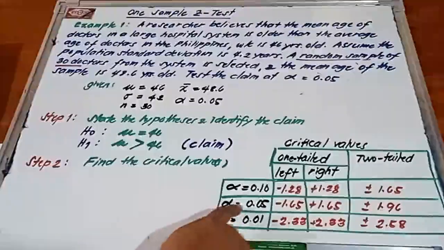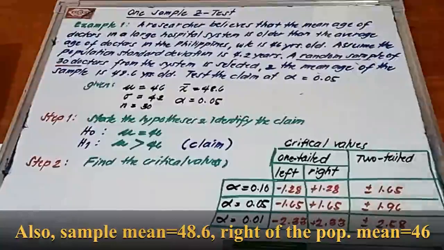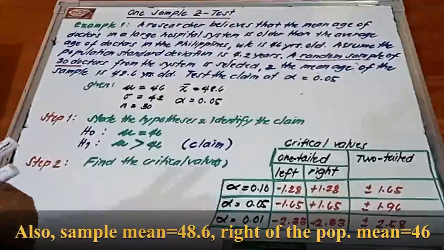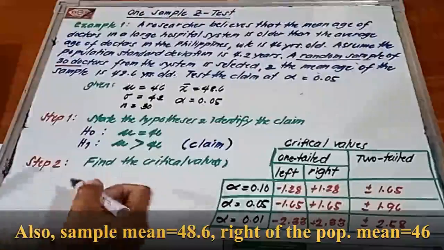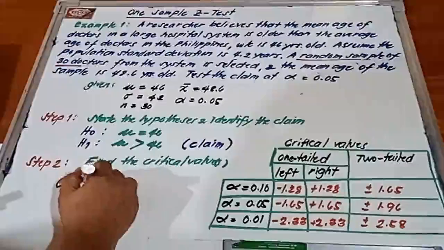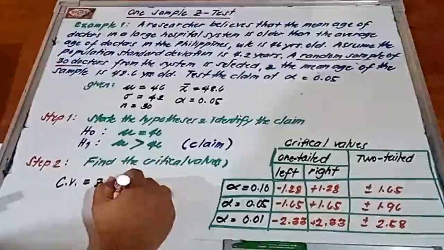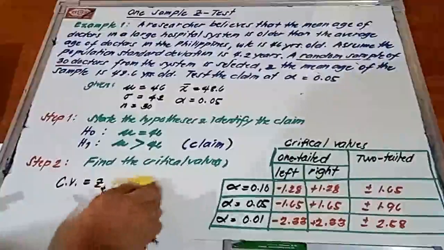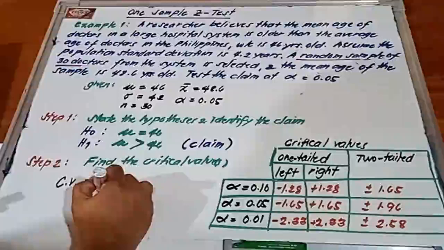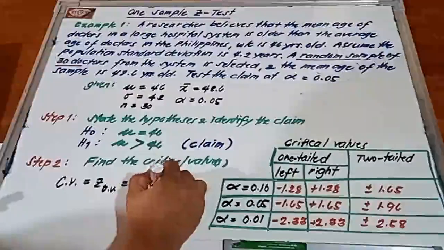So, right-tailed, 0.05, our critical value is 1.65. Okay? So, therefore, our critical value, that is CV equal to Z, na sometimes nilalagay ko tabular value or TV, equal to plus 1.65.